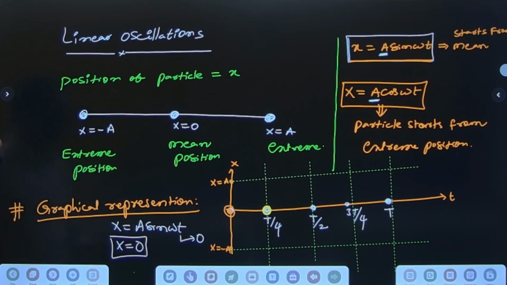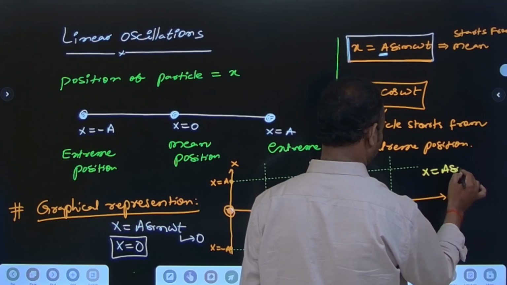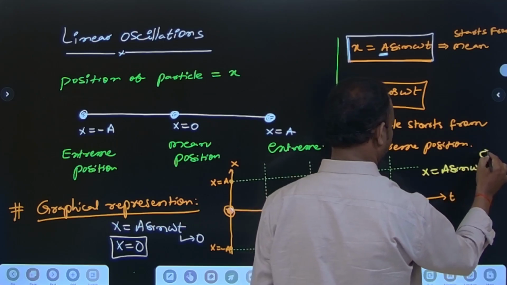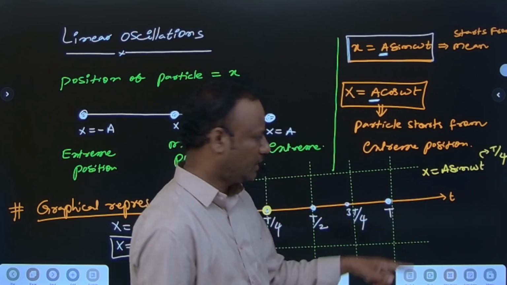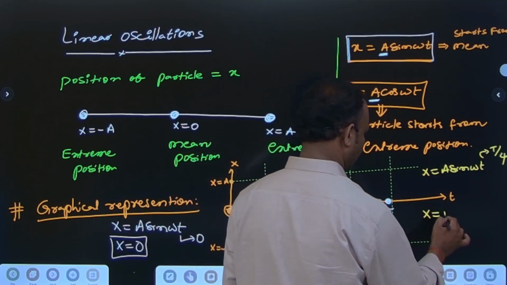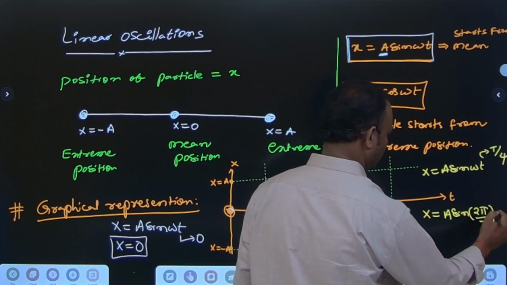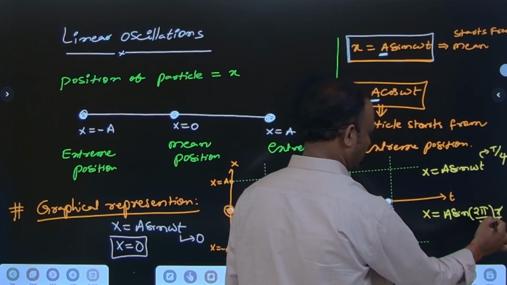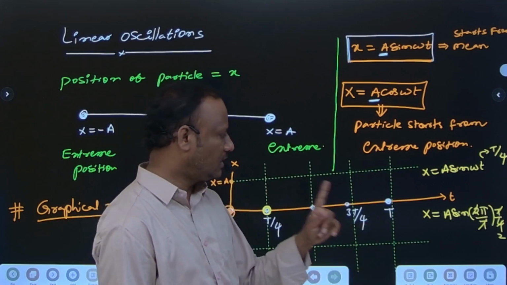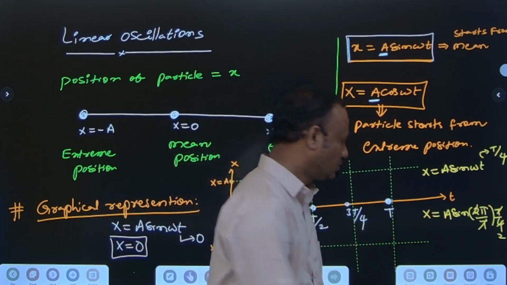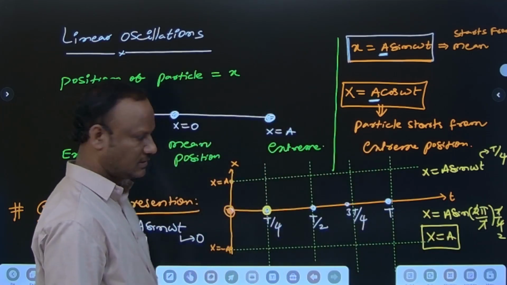Omega means 2 pi by T, so X equals A sin of 2 pi by T into T by 4. T and T cancel, 2 ones, 2 twos, giving pi by 2. Pi by 2 is 90 degrees, sin 90 is 1, and 1 into A. So X is equal to A only.